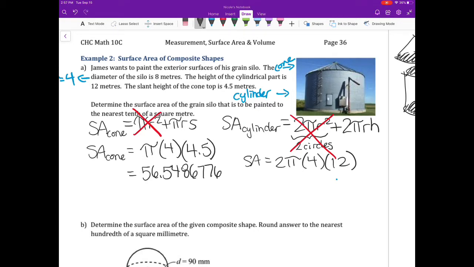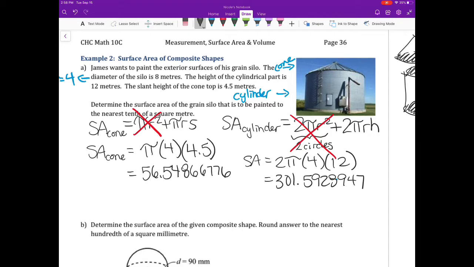56.54867776. Sorry, there's 2 6's in there. And I'm not going to round until the end. And for my cylinder, when I type in 2 pi and multiply that with 4 and 12, I end up with 301.5928947.